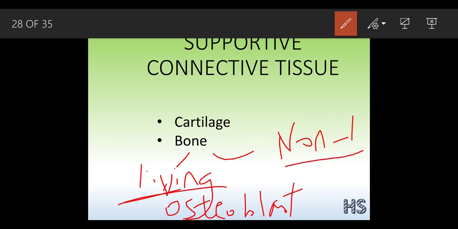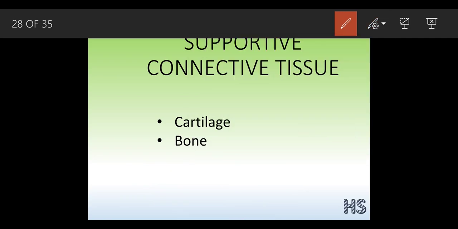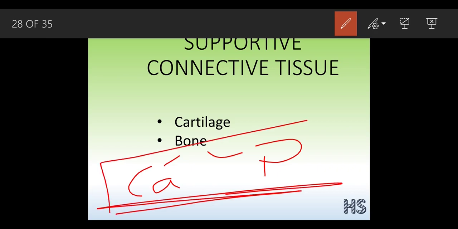The non-living matter is the inorganic salts. We know that in order to make our bones strong, certain minerals are essential. Everyone would know: calcium, and the second one, phosphorus. So bone is made up of calcium and phosphorus, which give strength to the bone so that it becomes very rigid and hard. So it is made up of non-living salts also.